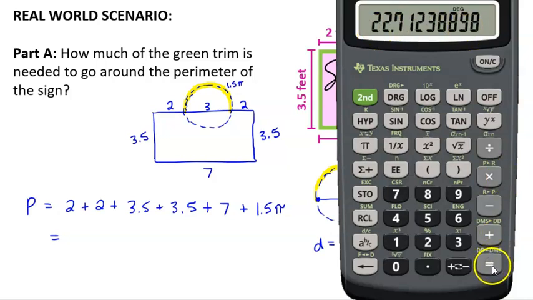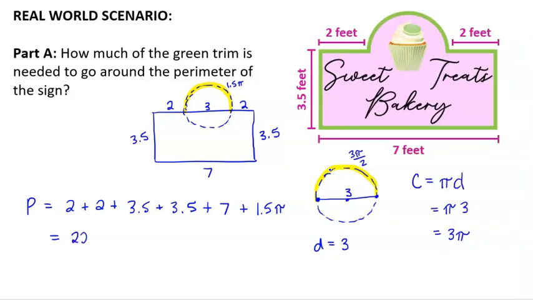Make sure that you're pressing equals at the end, and we get 22.71. And then you would round this however they ask you to round it. If they're asking to the nearest foot, we would say 23. If they asked for the nearest tenth, we would say 22.7. So it just kind of depends. And I'm just going to put feet on there.